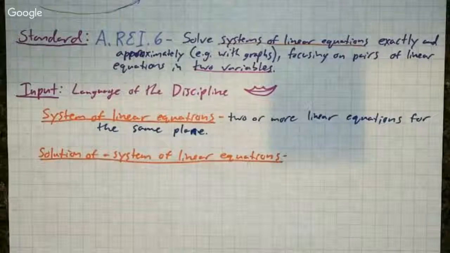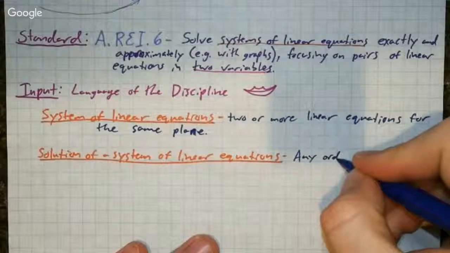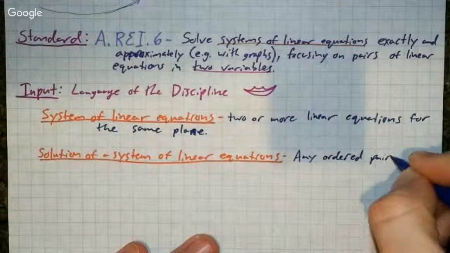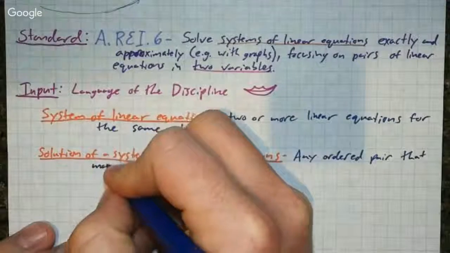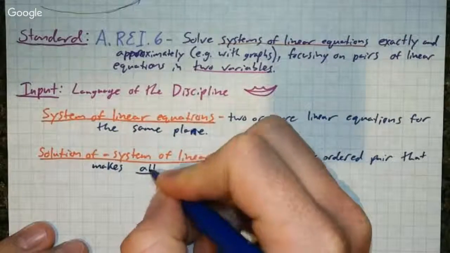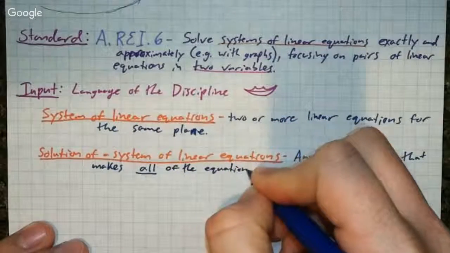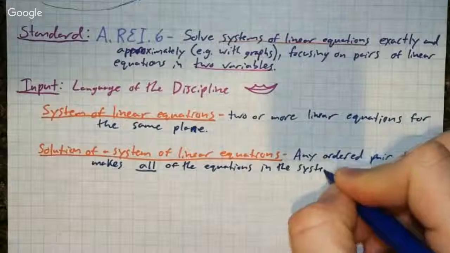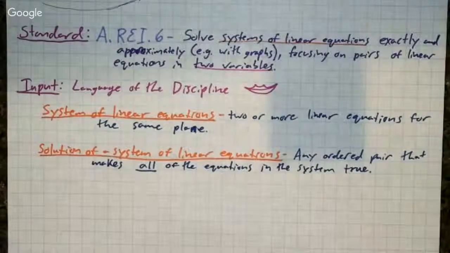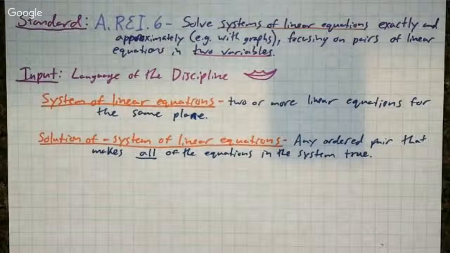But a solution of a system of linear equations is any ordered pair that makes all of the equations in the system true. Any ordered pair that makes all of the equations in the system true. Not just one, but all.